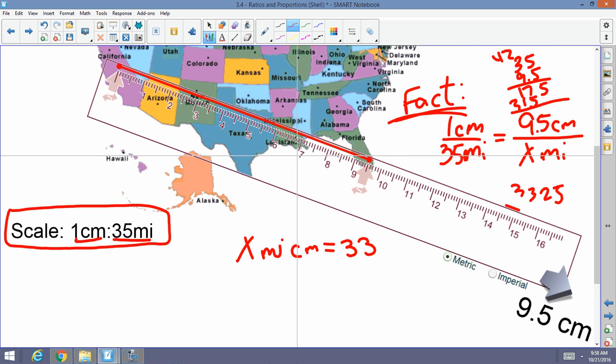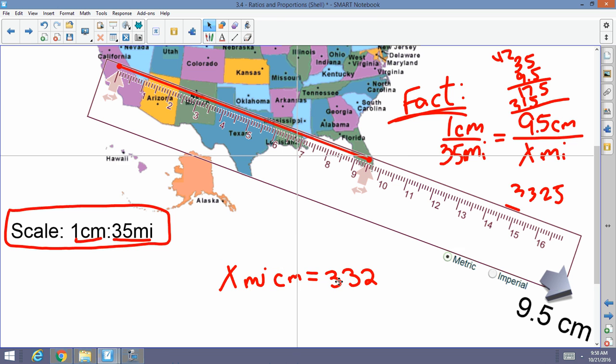But then I got to move the decimal, so 332.5 miles. No, that can't be right. Yeah, okay, 332.5 miles, and that's wrong. It's way more than that.